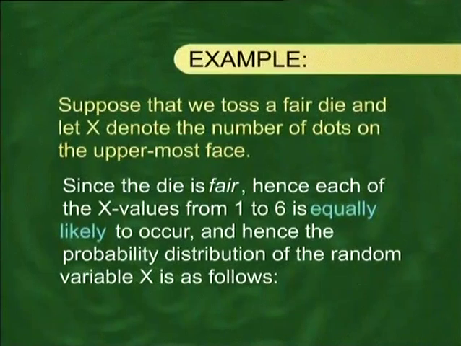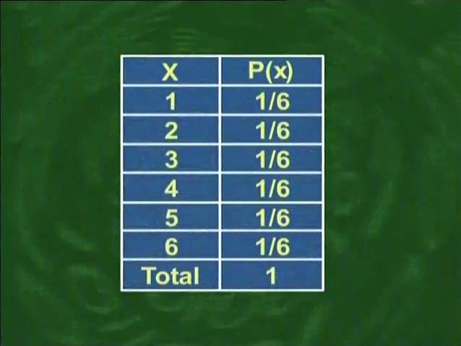Since the die is fair, hence each of the x values from 1 to 6 is equally likely to occur, and hence the probability distribution of the random variable x is equal to 1, 2, 3, 4, 5 and 6, and for each one of these x values the probability is 1 over 6.